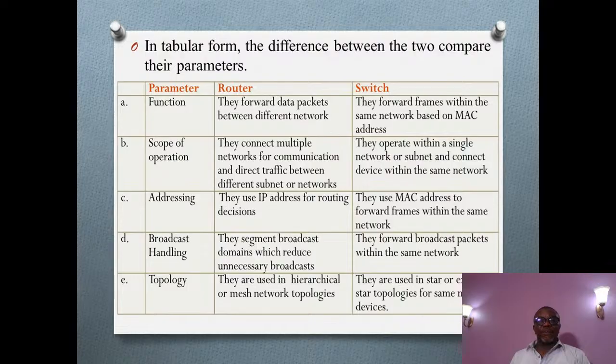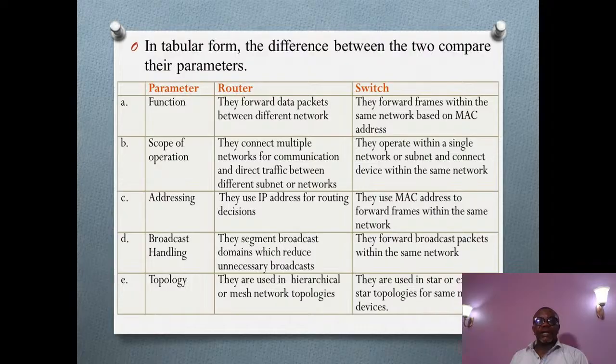Scope of operation: the router connects multiple networks for communication and directs traffic between different subnets or networks, whereas a switch operates within a single network or subnet and connects devices within the same network.